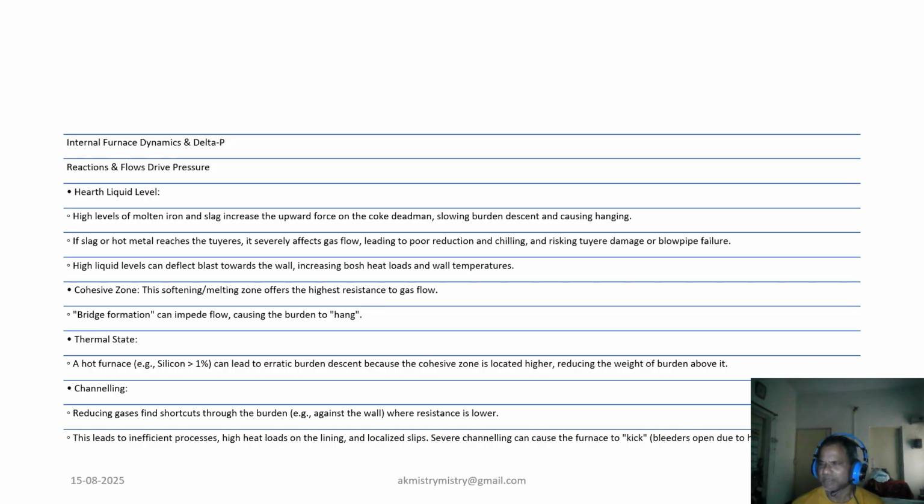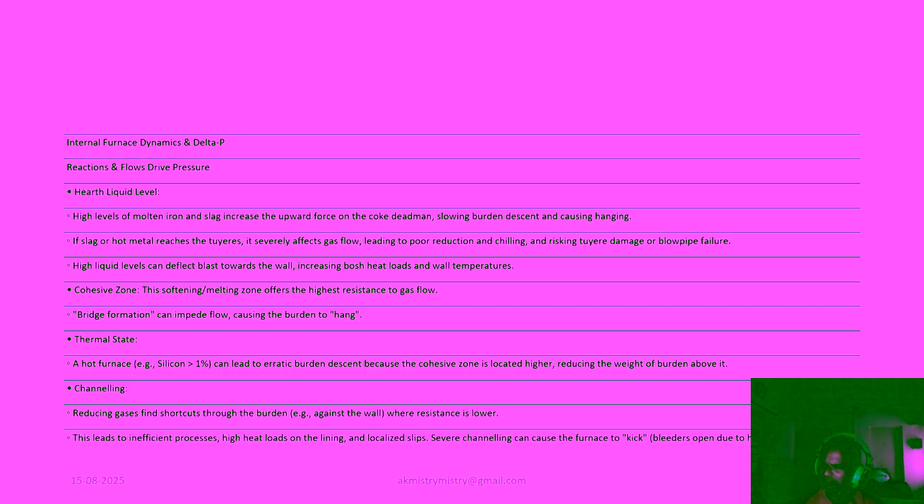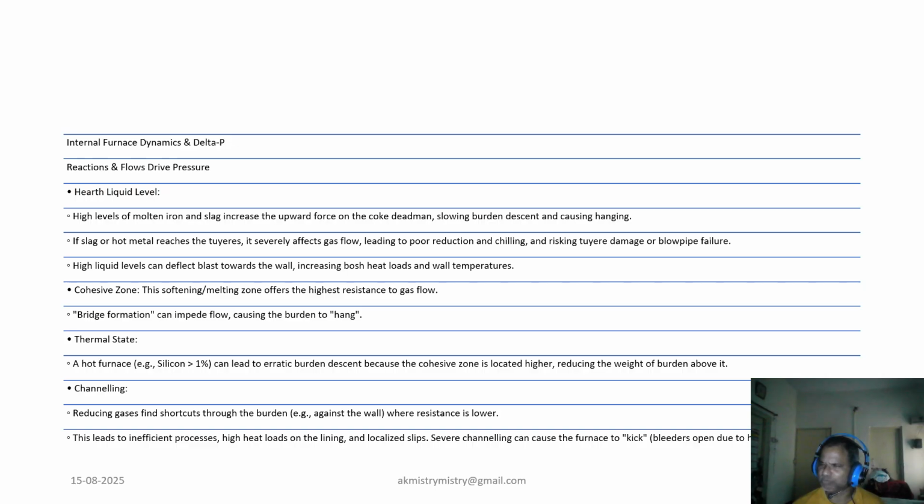We can say the cohesive zone also resists the gas flow, and a hot furnace shifts this zone upward, which often causes erratic movement. Channeling, where gas finds shortcuts, leads to inefficiency and pressure surges. So we have seen the problems and parameters that contribute to furnace inefficiency and pressure surges.